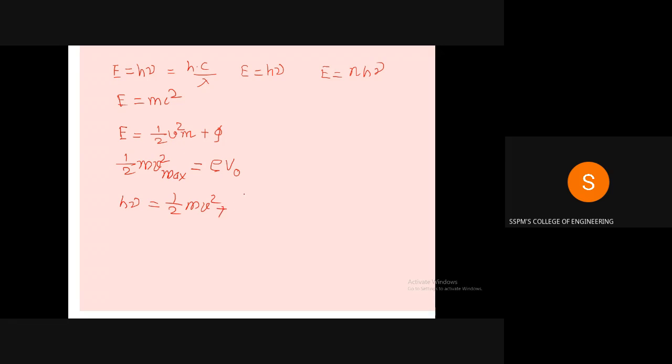Phi means work function, that is h nu 0. Therefore, 1/2 mv square equals to h nu minus h nu 0, equals to h into nu minus nu 0.